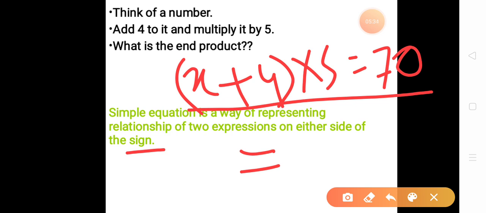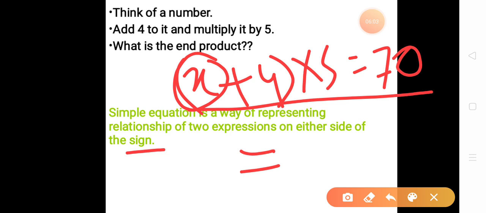Linear also resembles straight. Alright, one more thing you have to remember, that this x, maybe it's my wish that I want to consider x. If you want, you can consider a, b, c, anything, any English alphabet. Alright, but what is the general term of these particular alphabets that we are considering?